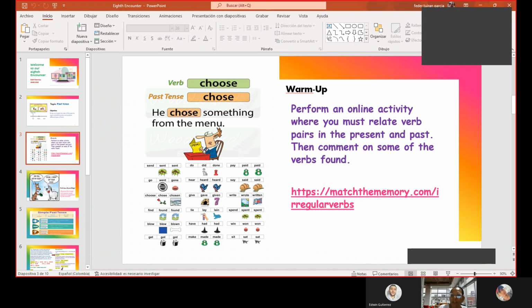Then you need to have a good memory, because when you click on one card, you need to remember the place where you find this word. When you find a pair, they disappear. The idea is that you match the verbs and try to remember some of them, because I want you to share here with me some irregular verbs that you find in this activity.